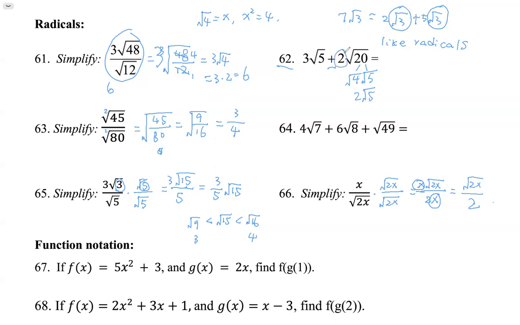And then we have this 2, so 2 times 2 is 4 radical 5. So 2 radical 20 is 4 radical 5. Then plus 3 radical 5. Now we do have like radicals. The like radical is the square root of 5, and we have 4 of them plus 3 of them. Adding them, we have 7 of them.